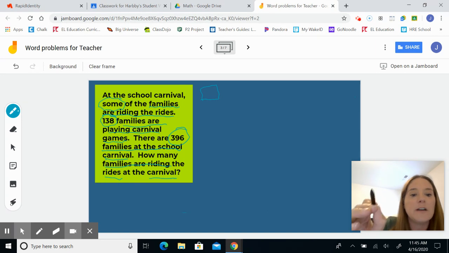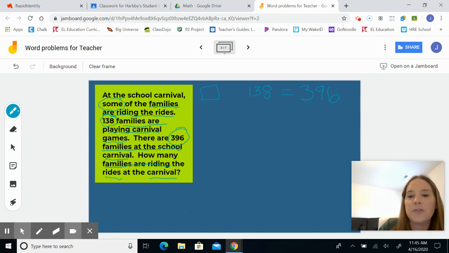138 families are playing carnival games. So I know it's 138. There are 396 families at the school carnival. I know that 396 is my total because there are a total of 396 families there.